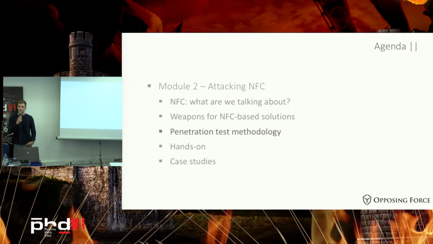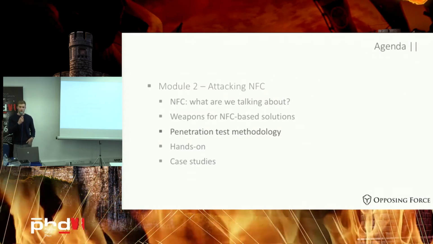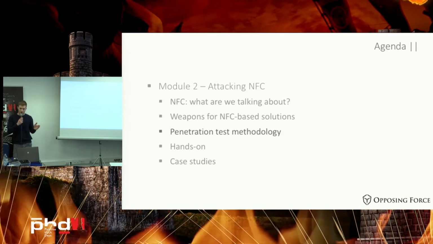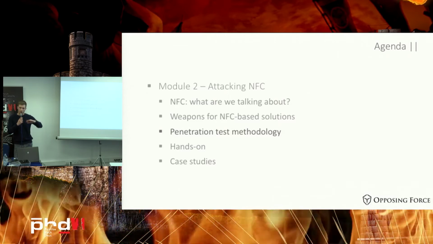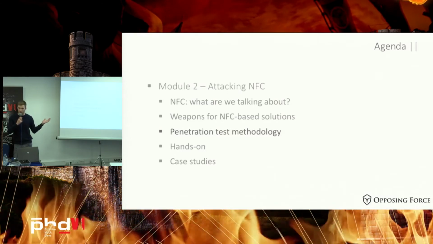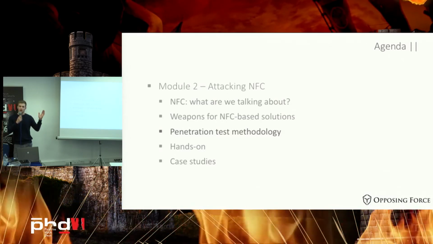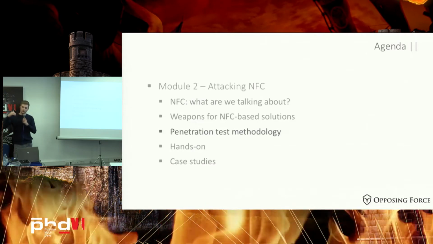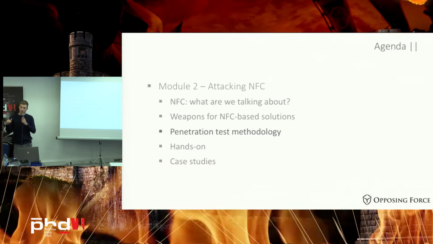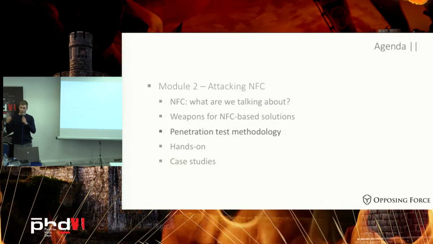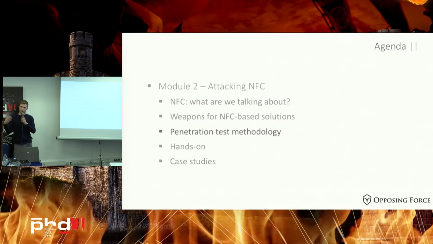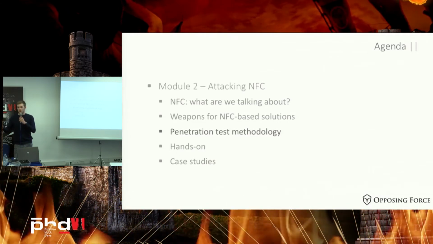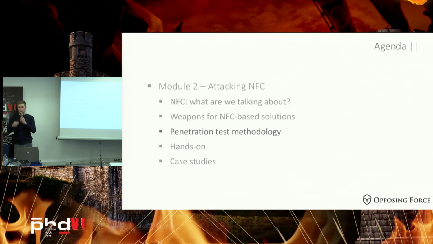And what about Android phones? Yes, Android has a series of APIs with which you can access most of the known chipsets, like MyFare Classic, like MyFare Ultralight, like some other chips. And moreover, it also has some low-level APIs with which you can send raw data to the chip, so you can also have support for unknown chipsets. And can we use an Android phone as a sniffing tool?